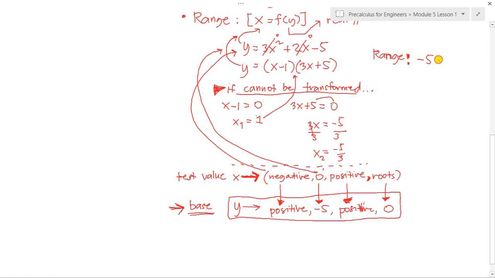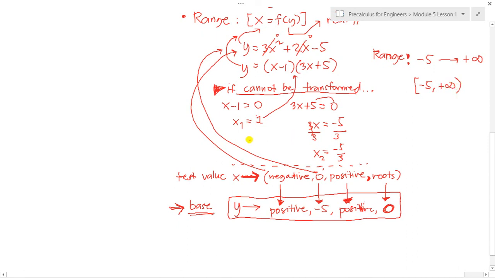From negative 5 towards the positive infinity. Na apil na siya kay negative 5 and positive infinity between this interval is 0. So in interval notation, this is a bracket kay included si negative 5, then comma, positive infinity.